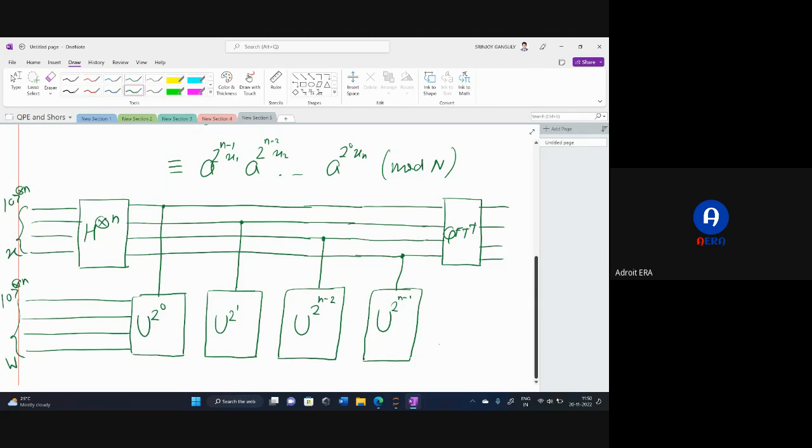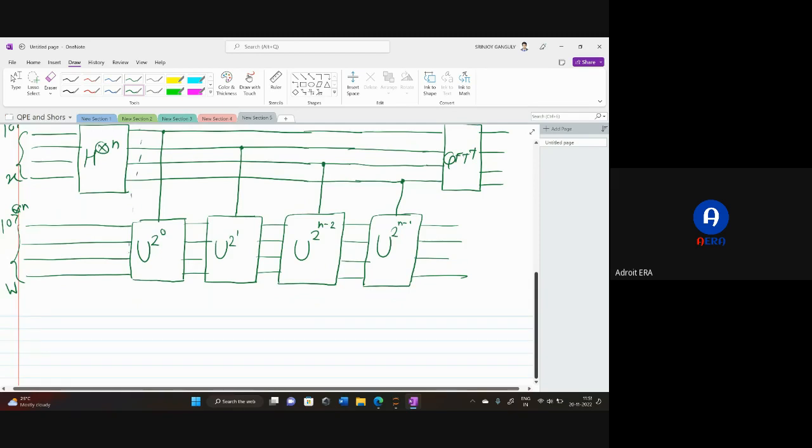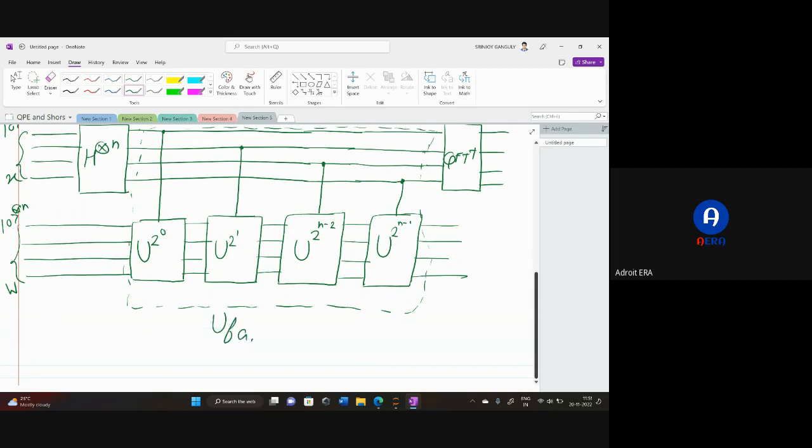And that is how the circuit of, if you see, this is the circuit of U_f(a,N).